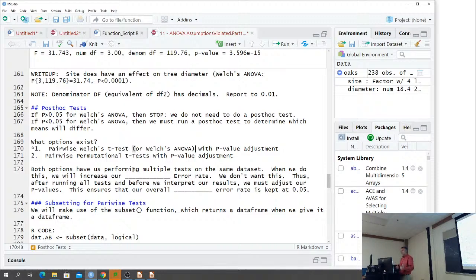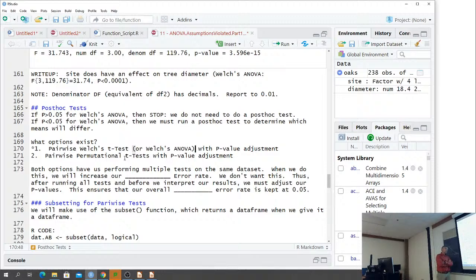We'll get the same p-value. Different test statistic, but we'll get the same p-value. Same thing applies with Welch's t-test and Welch's Anova. So our pairwise Welch's t-test would be preferred because you already ran a Welch's Anova. Easier to explain in the method section.